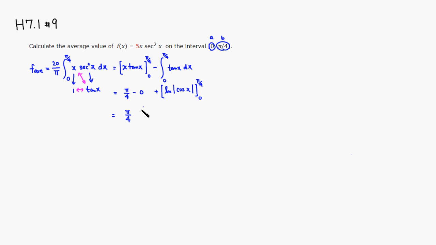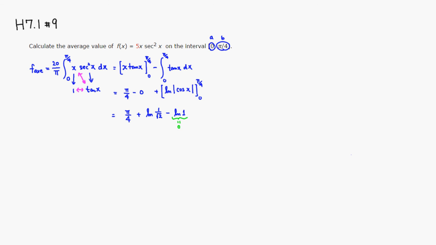So I'll write it as plus natural log of 1 over square root of 2. And if you plug in 0, cosine of 0 is 1, so you have a natural log of 1. But the natural log of 1 is actually 0, so this guy is 0.